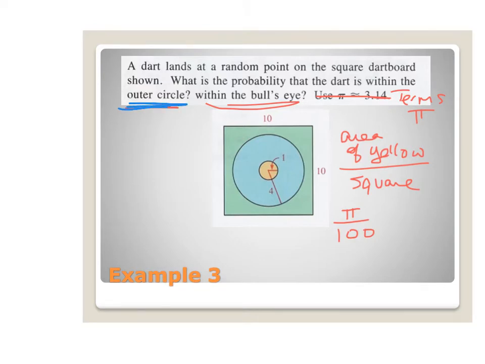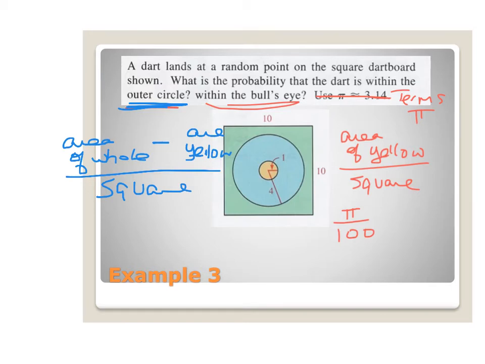I'm going to find the area of the whole circle, and then subtract the yellow circle, to get just that outer blue area. Once I get those 2 numbers, I put it over the whole square.